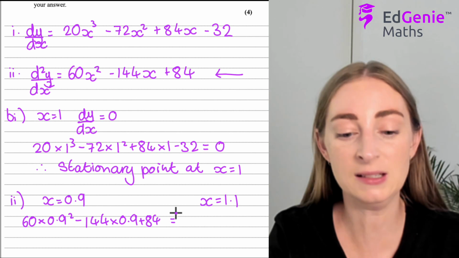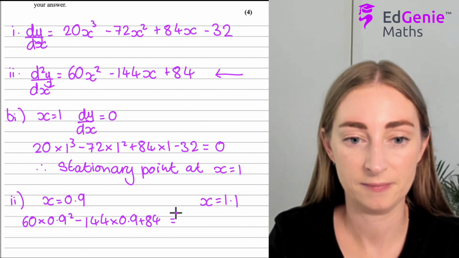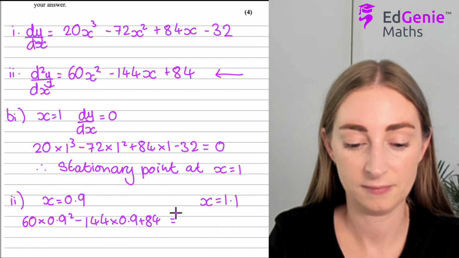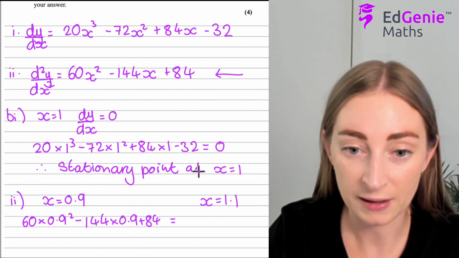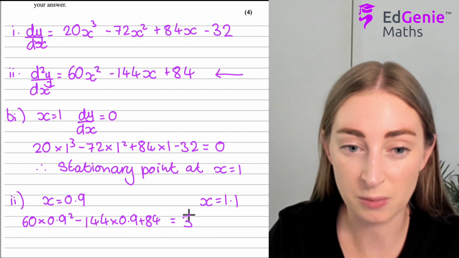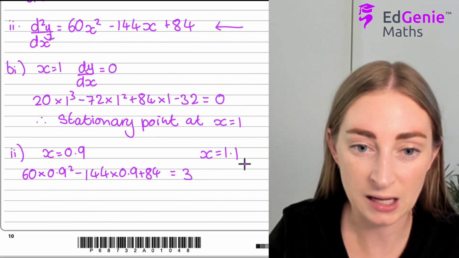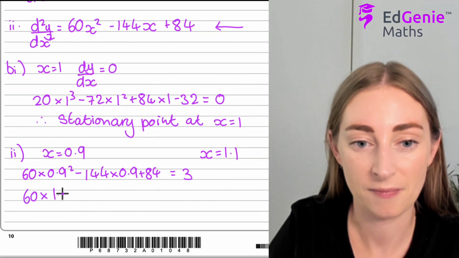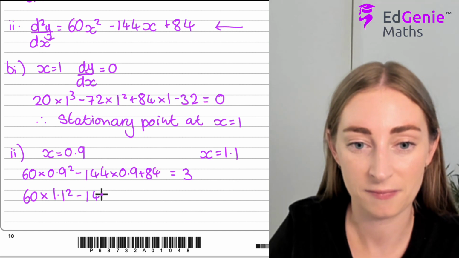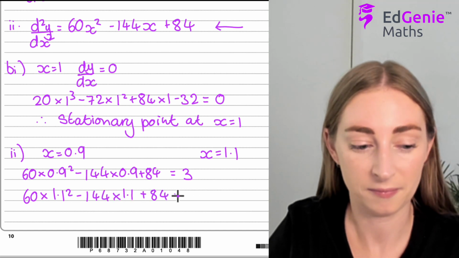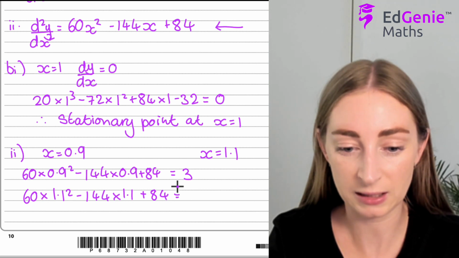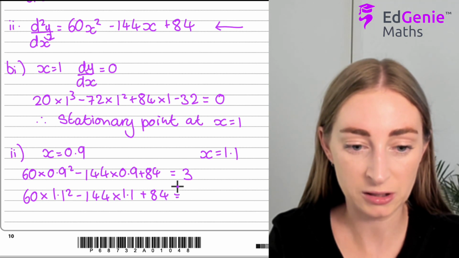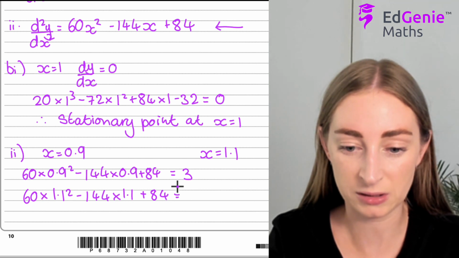That's going to give us, that gave us a 3. So that's a positive number. Let's see, hopefully this one will be negative. And I actually left this on my calculator, so I'm just going to change the 0.9 to 1.1.